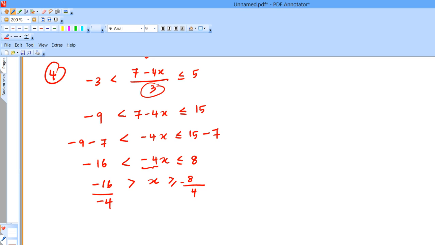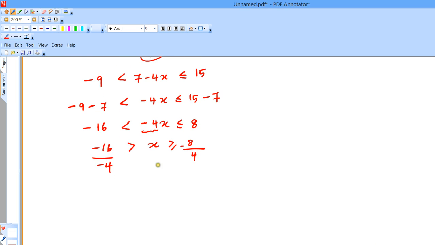So we get x greater than or equal to negative 2 and less than 4. This is the inequality form.